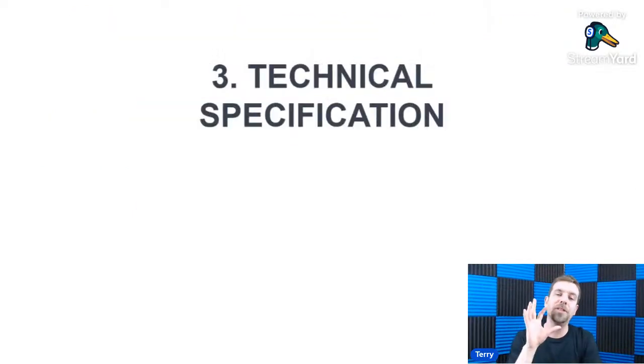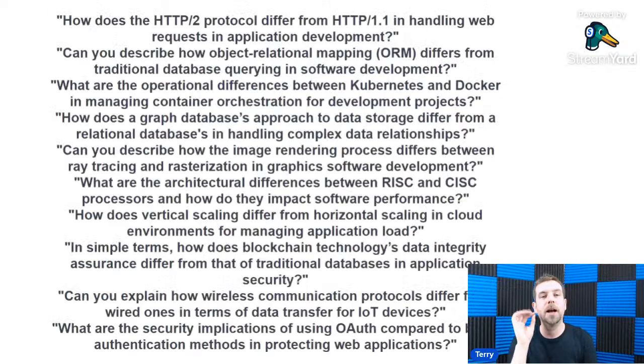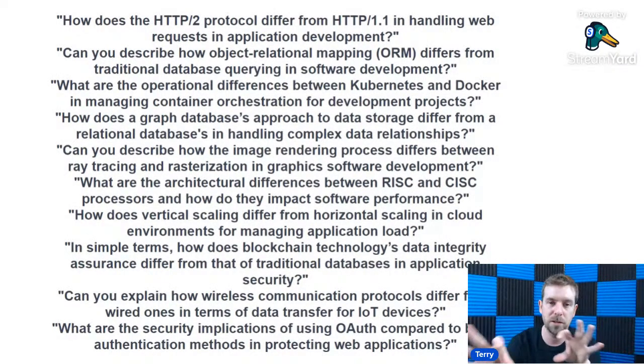Okay, so let's look at the last and the third part. So coding question type 3, comparisons of technical specifications, okay? So I am looking at questions about technical specifications where you want to compare two different technologies, right?